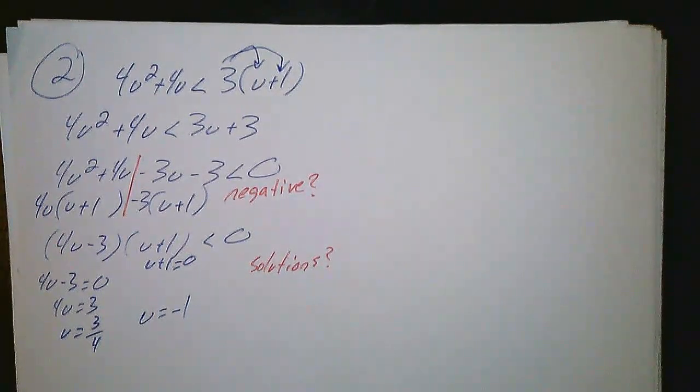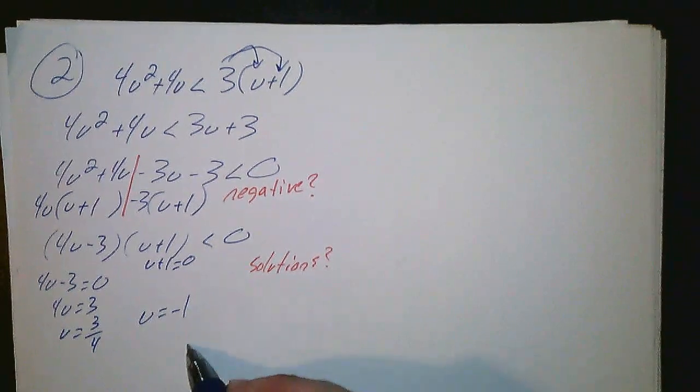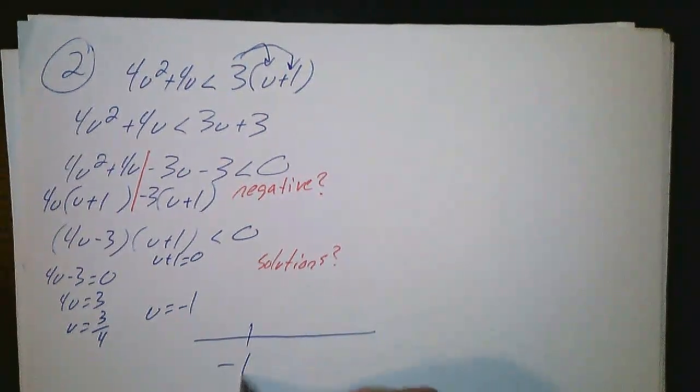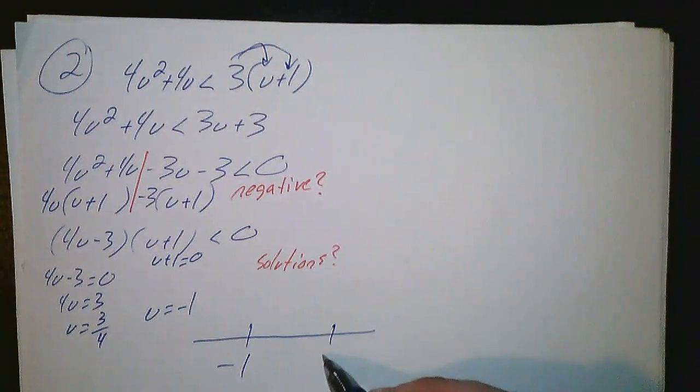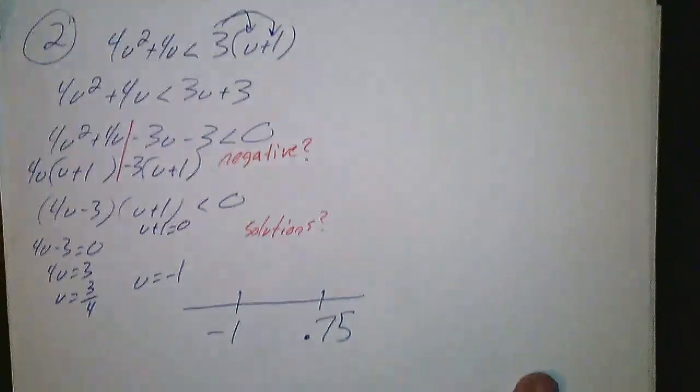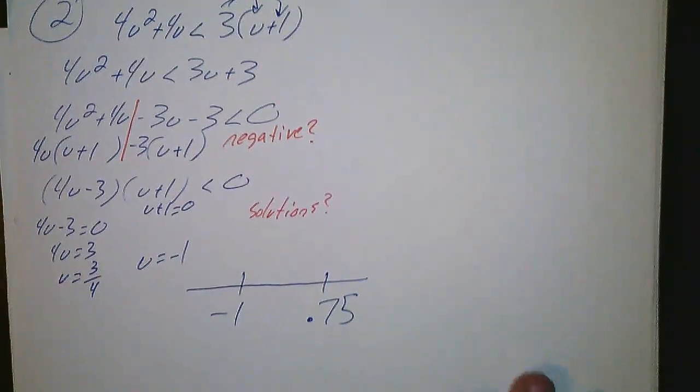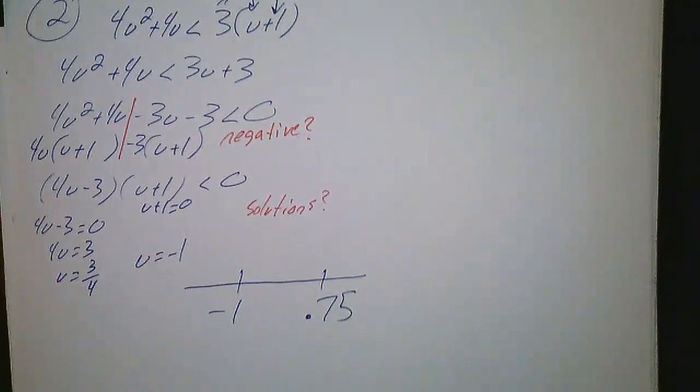So for number 2, you just have to distribute, move everything to the left, factor by grouping, find your solutions. And now we make our number line. We have -1 and 3/4. If you want to think about this as a decimal on the number line, that's okay.